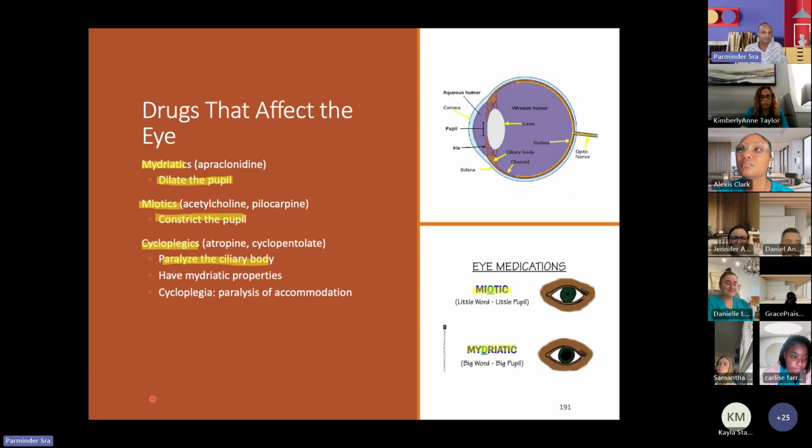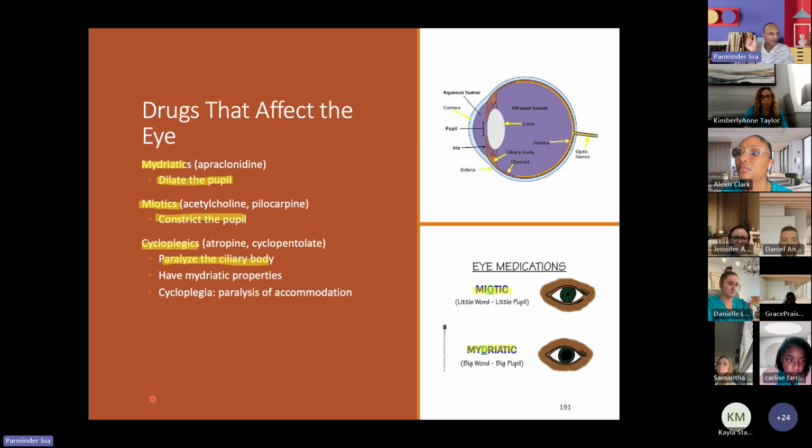All right, now these three terms listed here are important for us to know, and I'll give you a little tip. Let's first pick up the top two, mydriatics and miotics. We're talking about the eye, so let's pinpoint the pupil.